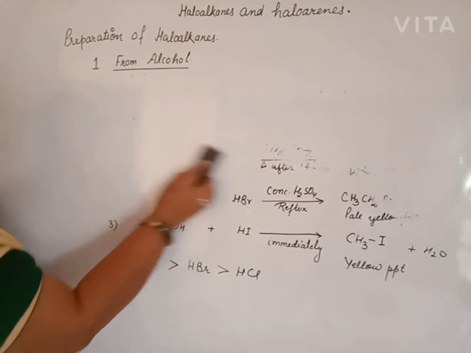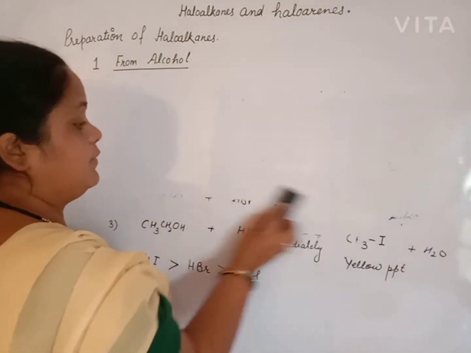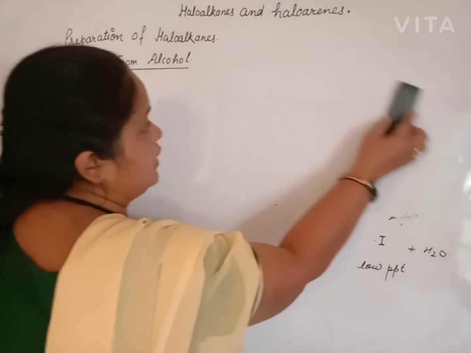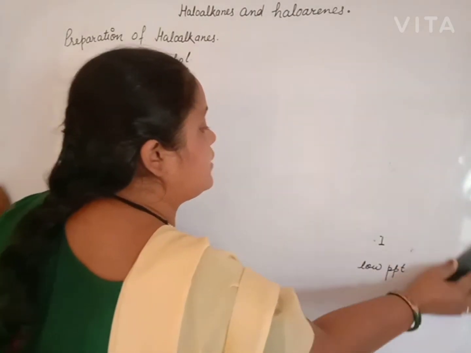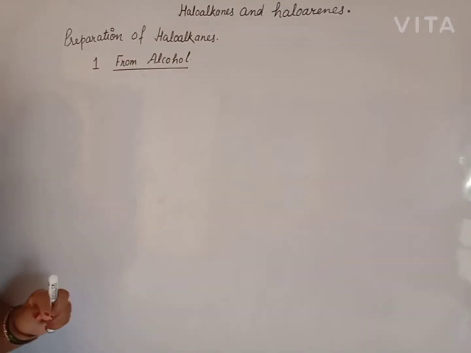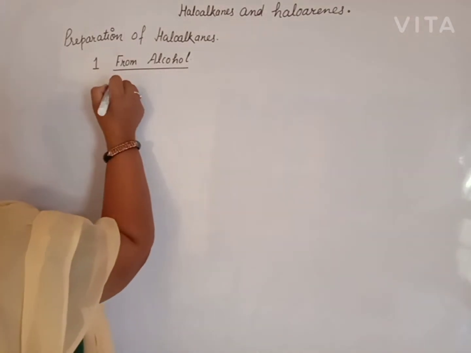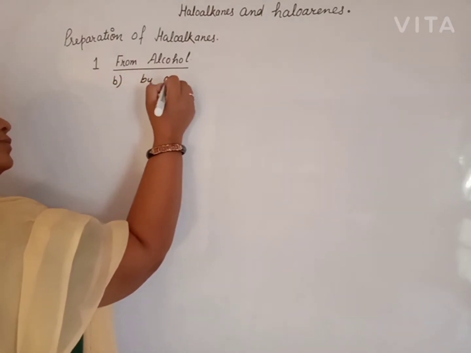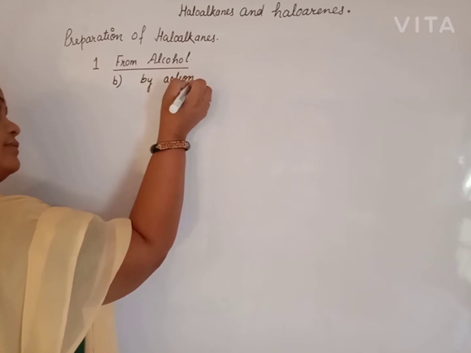Now the second method from alcohol. The first method was the reaction with HX, the hydrohalogen acid. The second method is by the action of phosphorus halide.